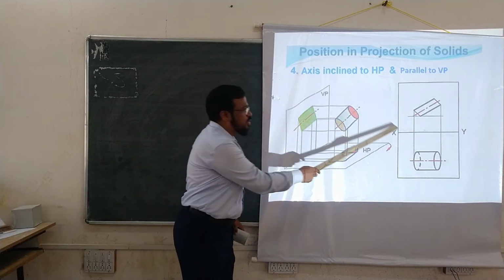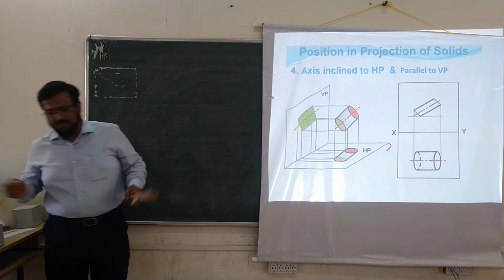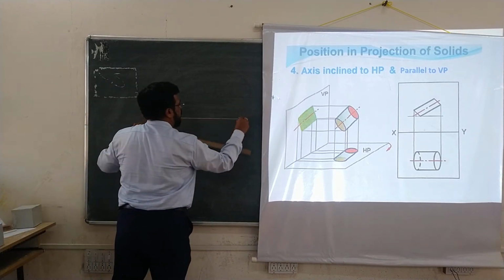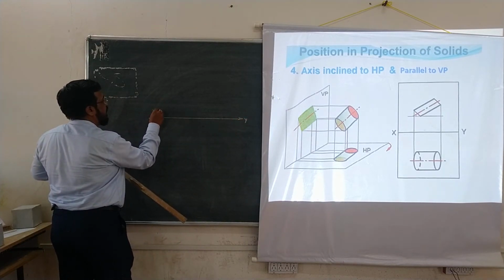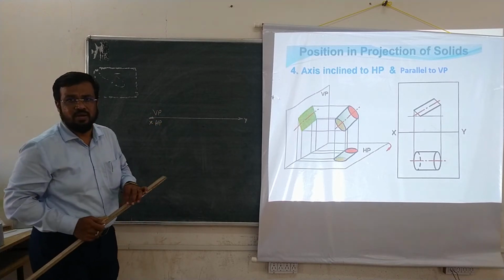Okay. So I will try to draw this solution on the blackboard also. So with this I may mention this as an XY line. So this is the XY line. The portion above the XY line is the vertical plane, below the XY line is the horizontal plane.